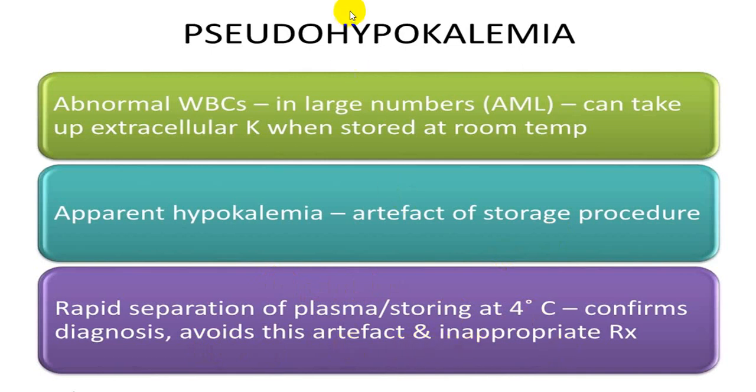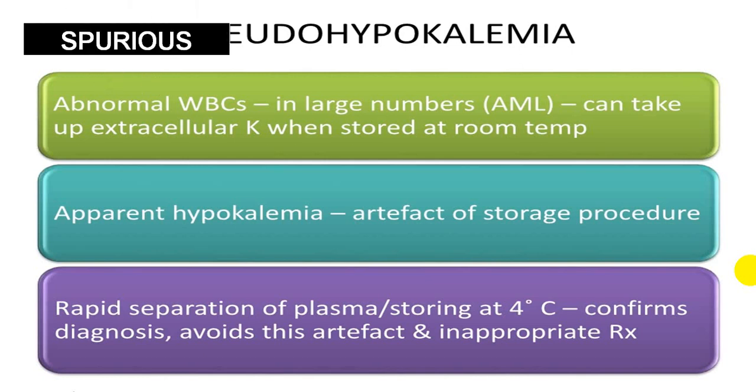So proper storing should be done to reduce the chance of pseudo hypokalemia. If preservation is not proper, it can reduce potassium in the serum, and that will be shifted into the cellular compartment. That is called spurious or pseudo hypokalemia.